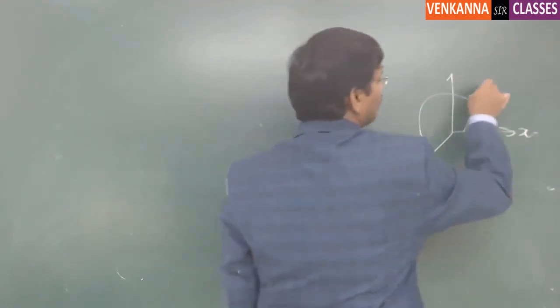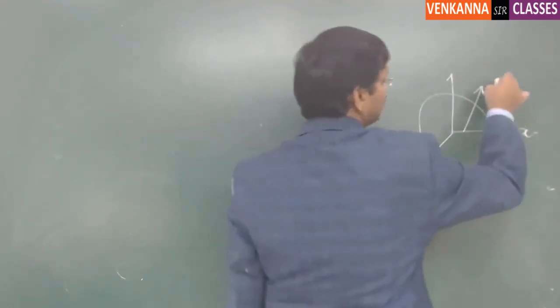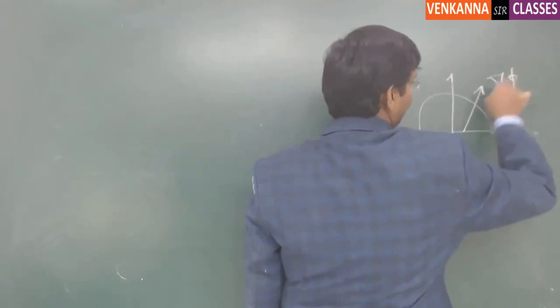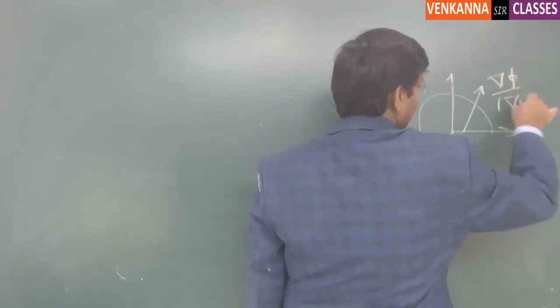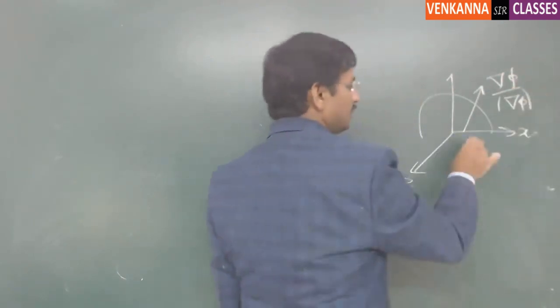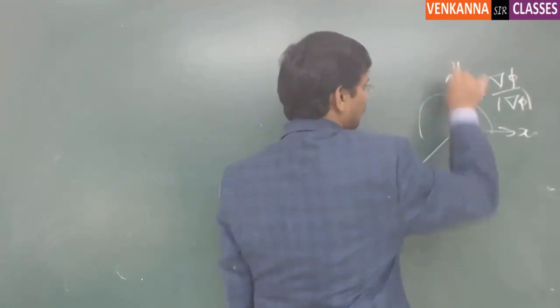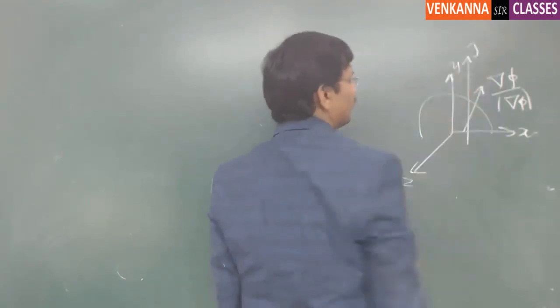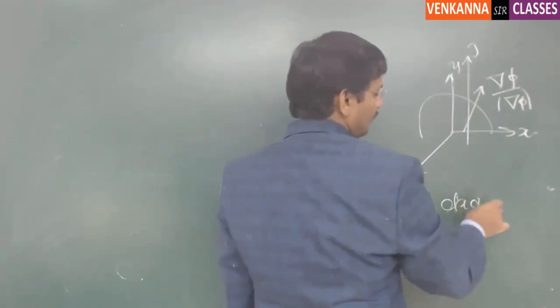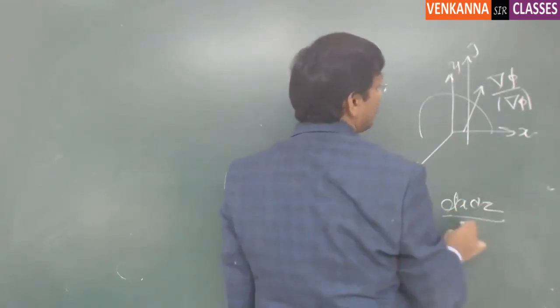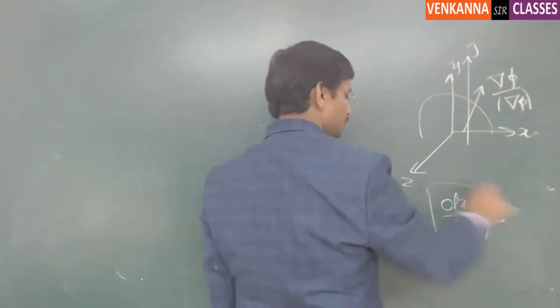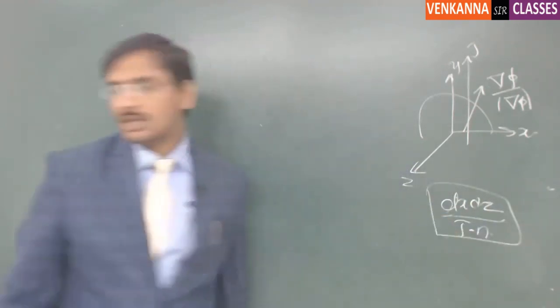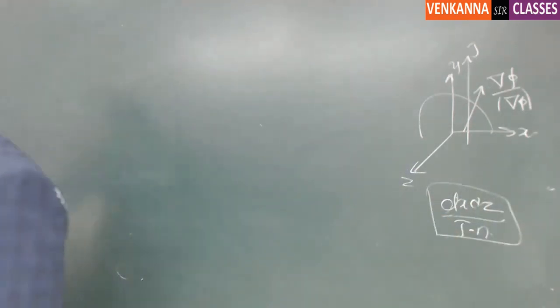The unit normal vector you calculate is del phi divided by mod del phi. The only thing is the projection is towards the y direction. So this is on the xz plane, and this is j cap. So when you calculate dx dz divided by j dot n, this is how you put it. Other than that, there is no other difference. Vishal, got it? Understood?